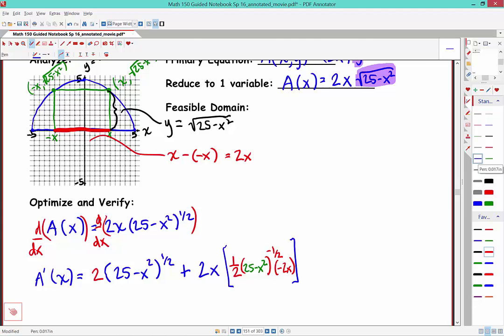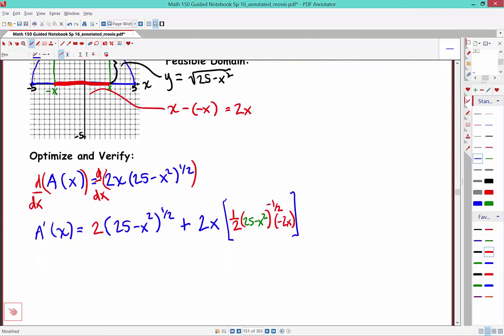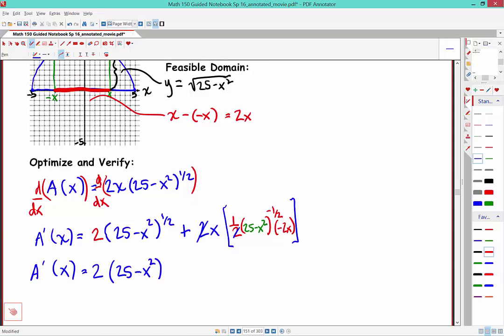Good. All right, so simplifying, let's go ahead. Do you see that these 2's divide out? We can factor out another 2, and we can also factor out 25 minus x squared to the negative 1/2. And we'll be left with, on the first one, 25 minus x squared to the 1 power.